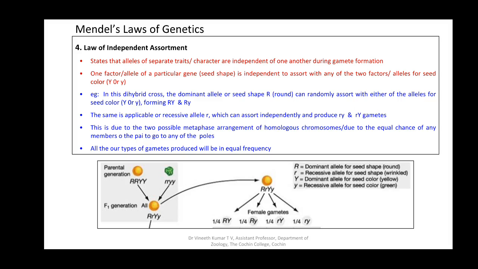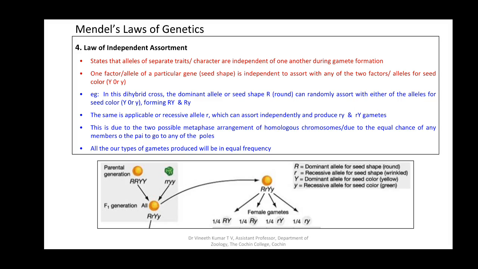To state it simply, in one line, you can define the law of independent assortment in the sense that it states that the alleles of separate traits or characters are independent of one another during gamete formation. That is the one-line explanation of the law of independent assortment. So this law is stated clearly in this single sentence. We'll look at that once more.